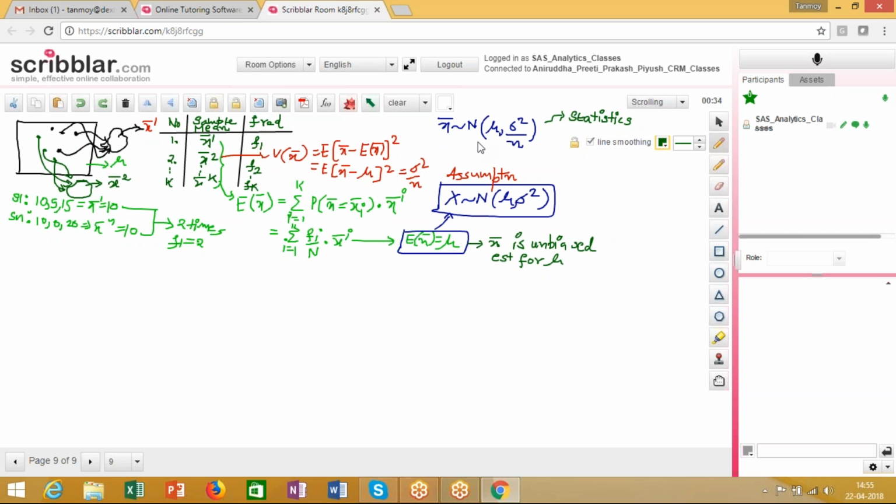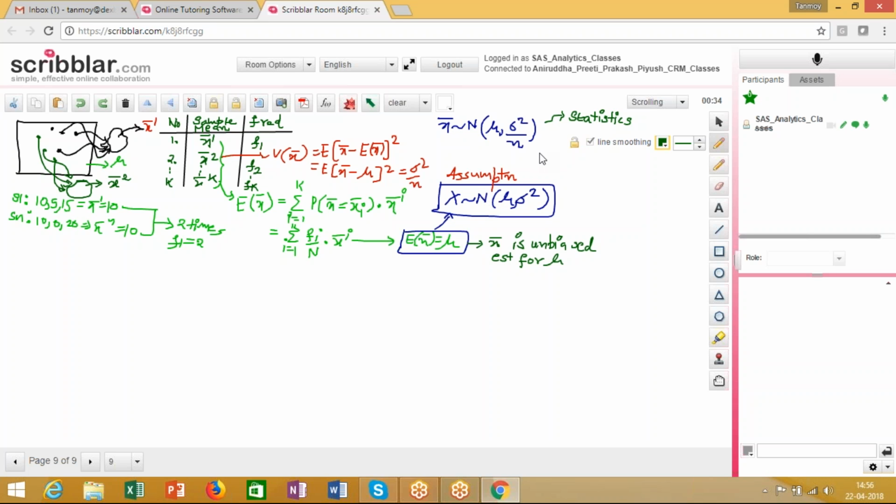Now, similarly, we have seen that unbiasedness and sufficiency hold. One more thing to be seen over here is that x bar is also a consistent estimator for mu. How can you say that? There is obviously a formal mathematical proof which goes beyond this, but over here we can very easily try to understand it from this figure.